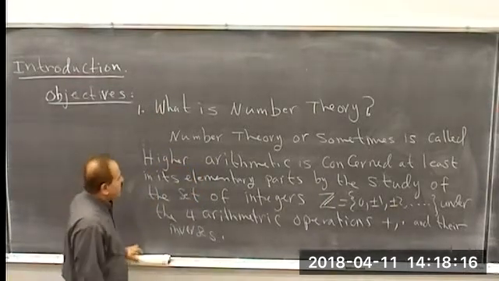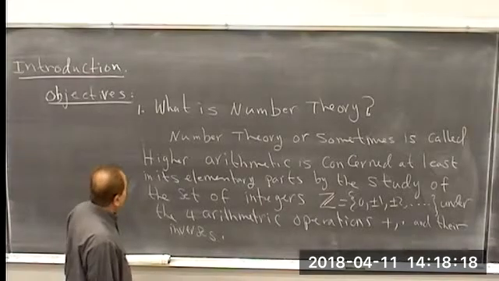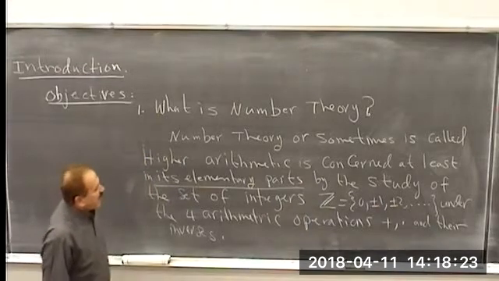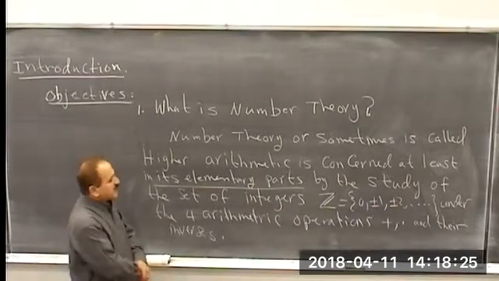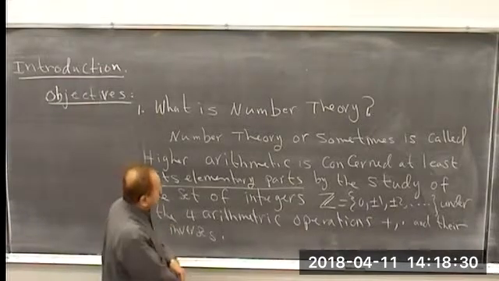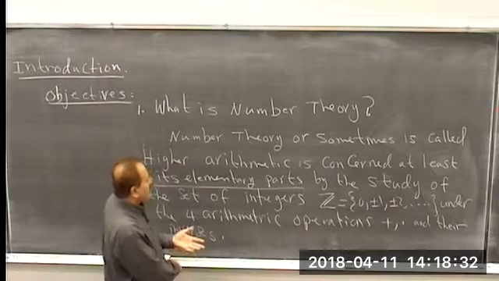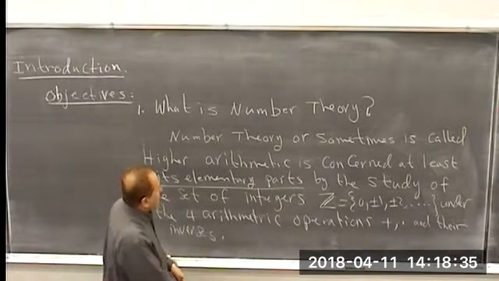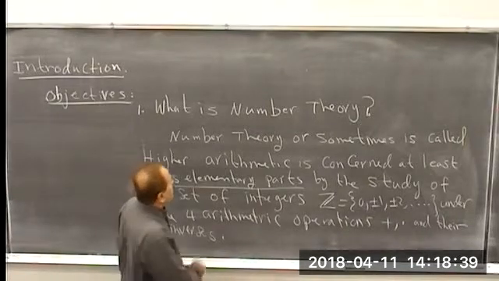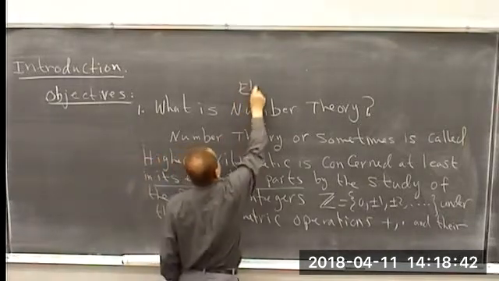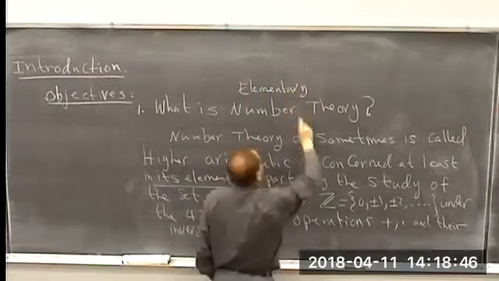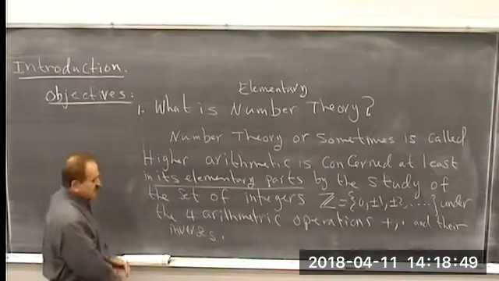Now let me go to the second objective. Just before we move on, I said it's the elementary parts. In other words, number theory is a very wide and very big area in mathematics. The type of number theory that we're going to study is called elementary number theory. The word elementary here is used in the technical sense.